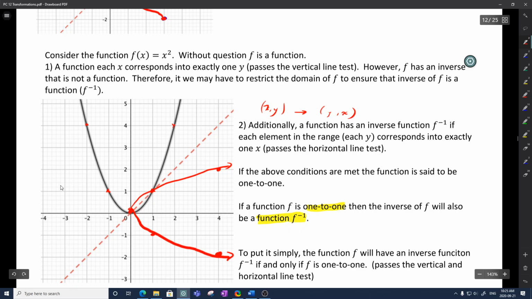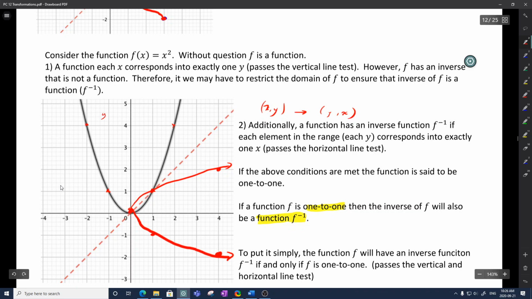So a function has an inverse function if each element of the range maps into exactly one element of the domain, or into one x. So a function will have an inverse if it passes a horizontal line test. If each element of the range maps into one element of the x, the function is said to be a one-to-one function.